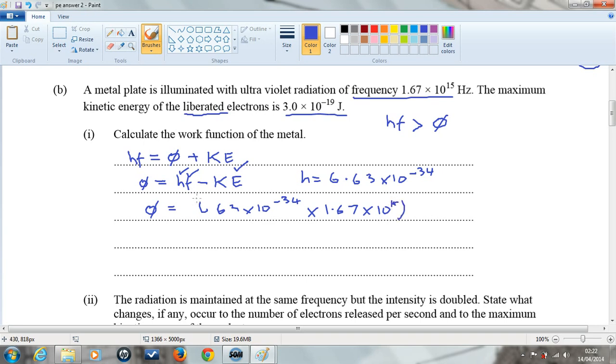Stick that in a bracket, minus my kinetic energy, which was 3 times 10 to the minus 19. And when I plug all of that into a calculator, I get a work function of 8.1 times 10 to the minus 19. And don't forget your unit, a work function is an energy, so my unit is joules.